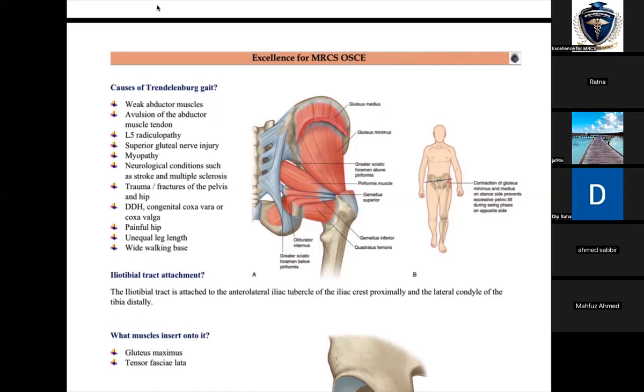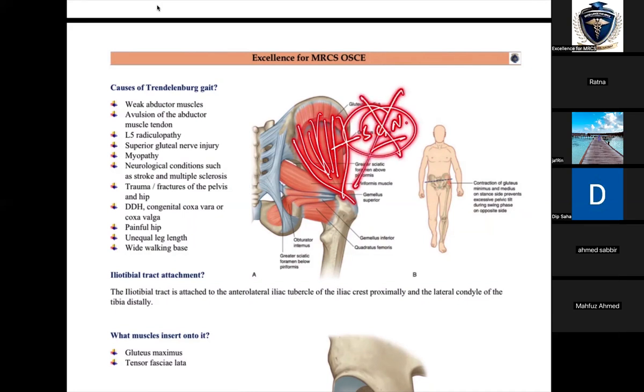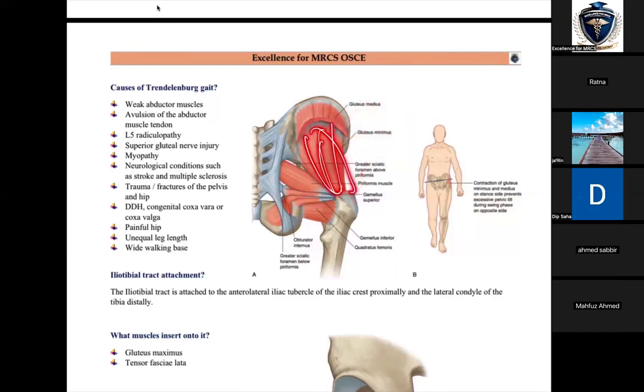There is no weight, because that is in the air. Okay, that is in the air. So have a look. These two muscles are supplied by which nerve? Superior gluteal nerve. So if there is any injury to the superior gluteal nerve, and the patient is walking, and one limb is on the surface, will this muscle be able to contract properly?